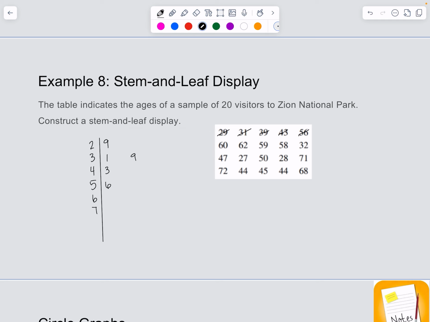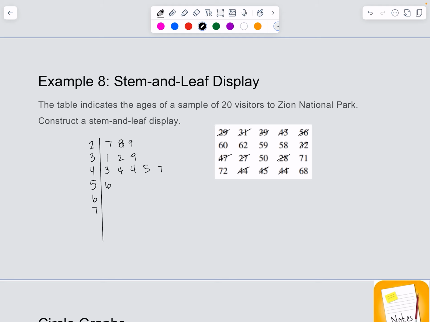We have a 32, 44, 44, 45, 47, 27, 28. And this is how we would make our stem and leaf.